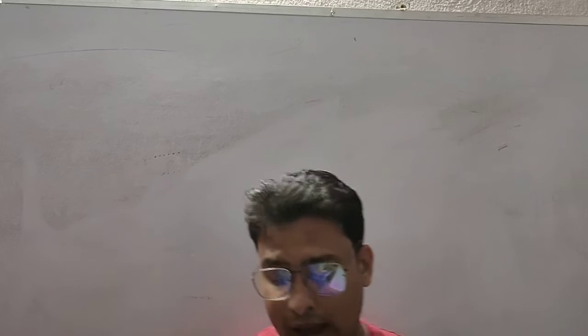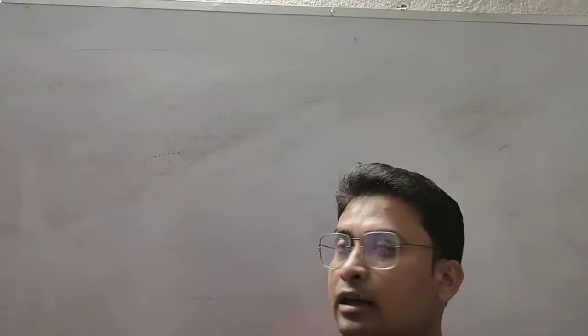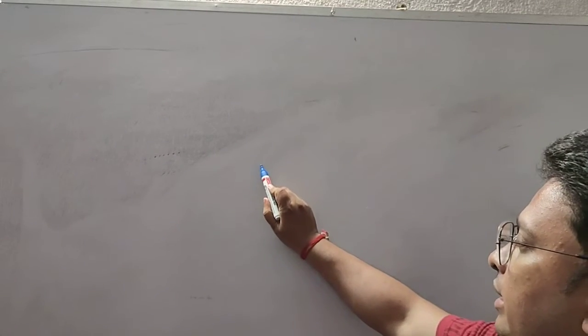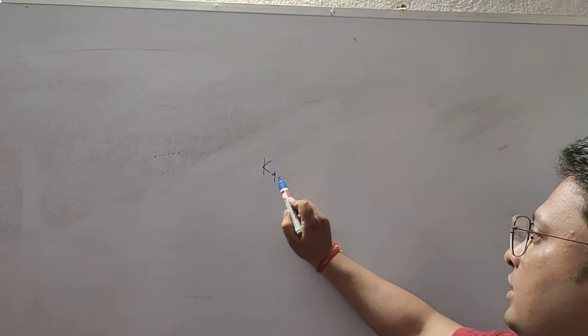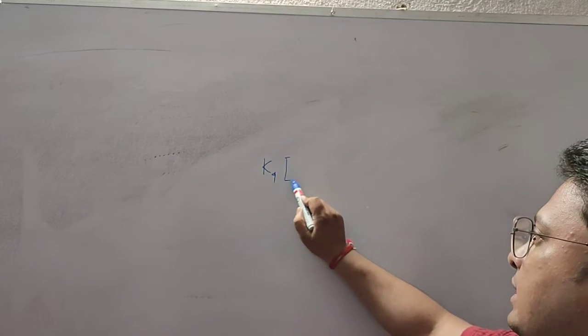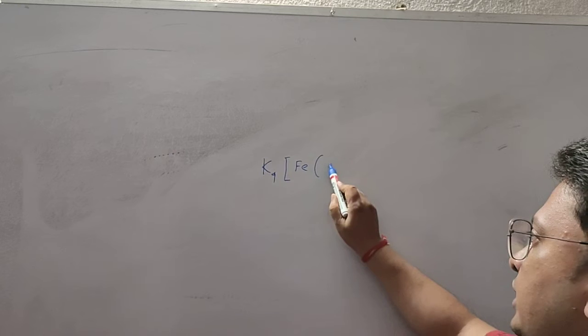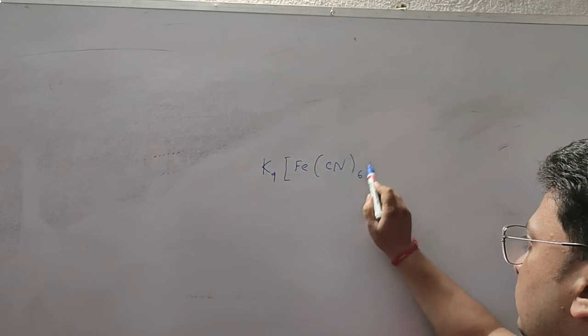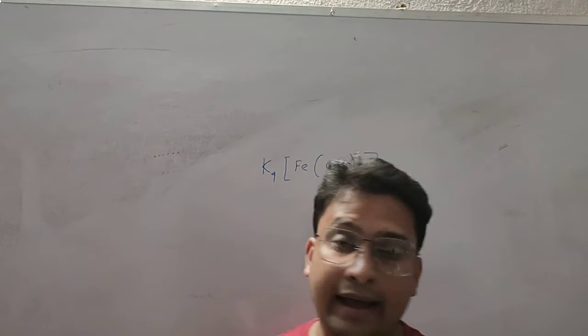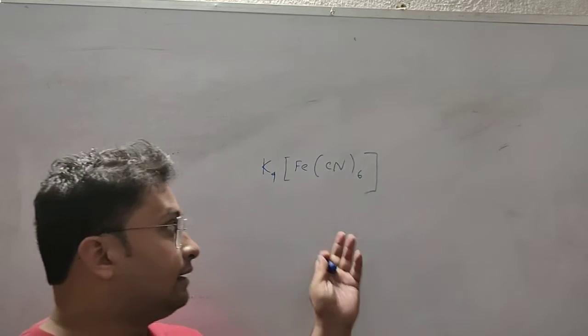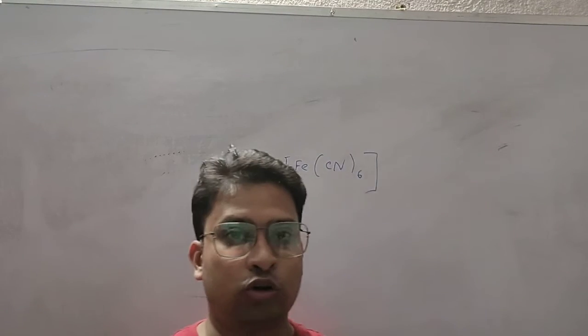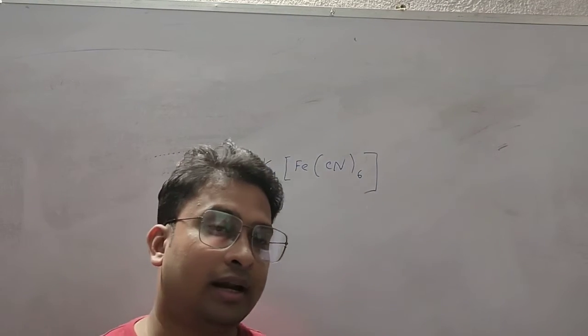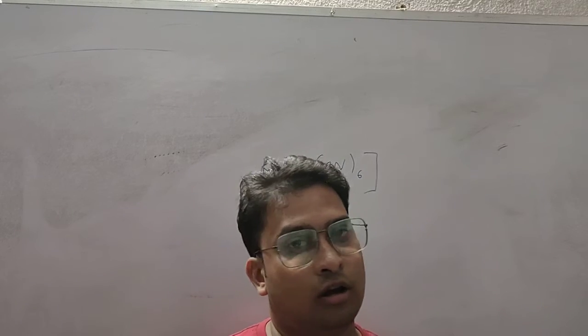So now we have to learn something. I have written an example, that is K4[Fe(CN)6]. You will be glad to know that it is a very good, well-known, popular coordination compound.